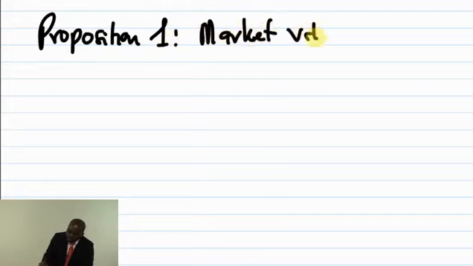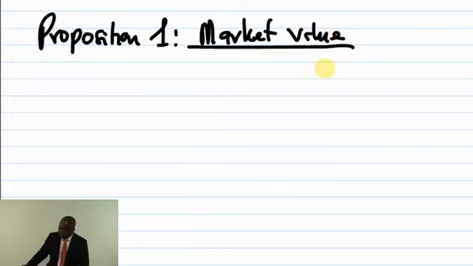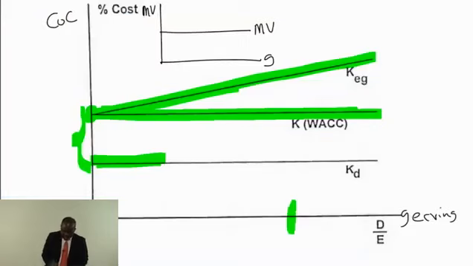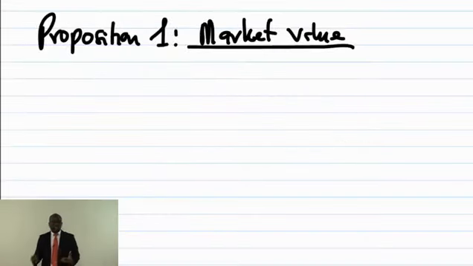Market value, according to them, as we said here, the market value when you are ungeared is this. When you are geared is this. They are the same. So two companies which are similar in all respects, except that one is geared and one is ungeared, our market value should be the same.